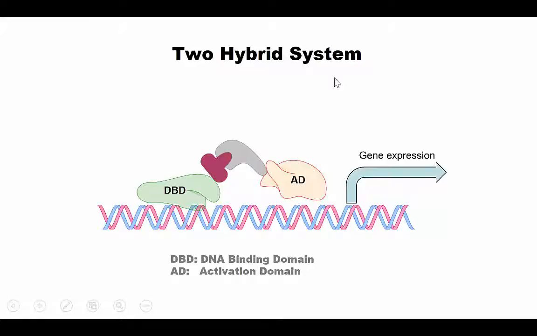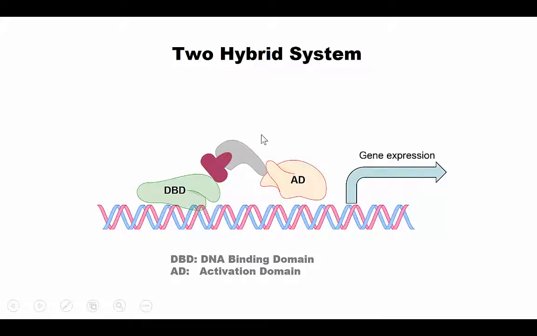Yeast has been used as a popular model for this, so this technique is called the yeast two hybrid system. The goal is to check whether protein A and protein B bind to each other or not, and the readout utilizes gene expression. Clear?